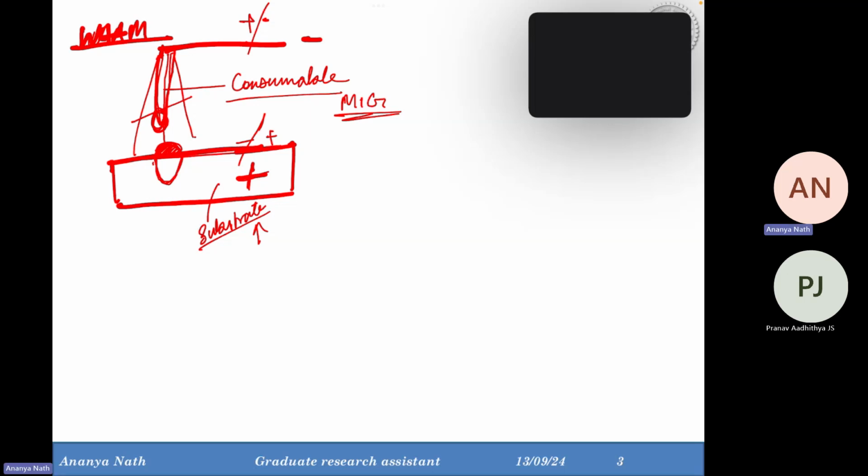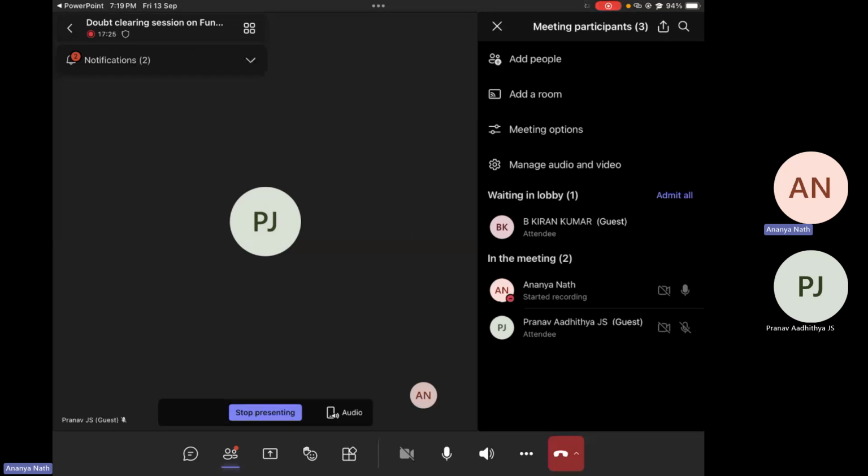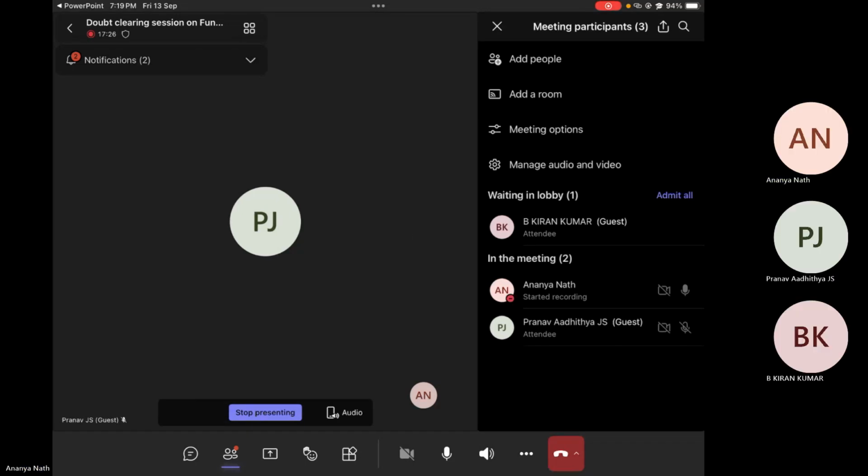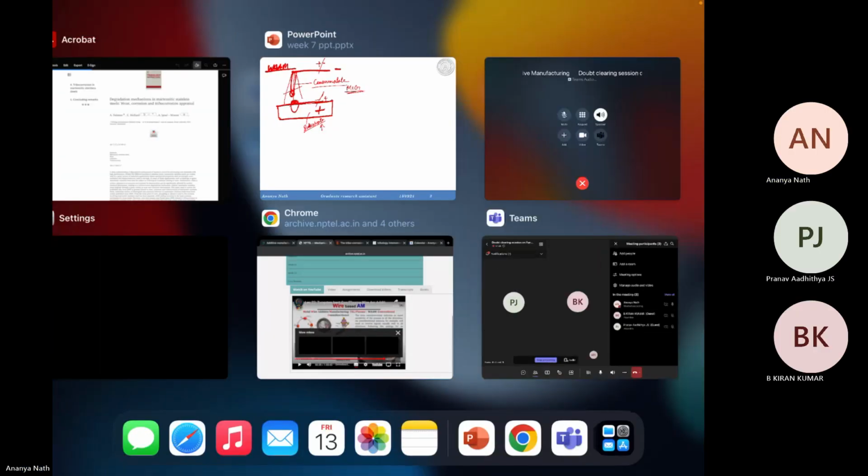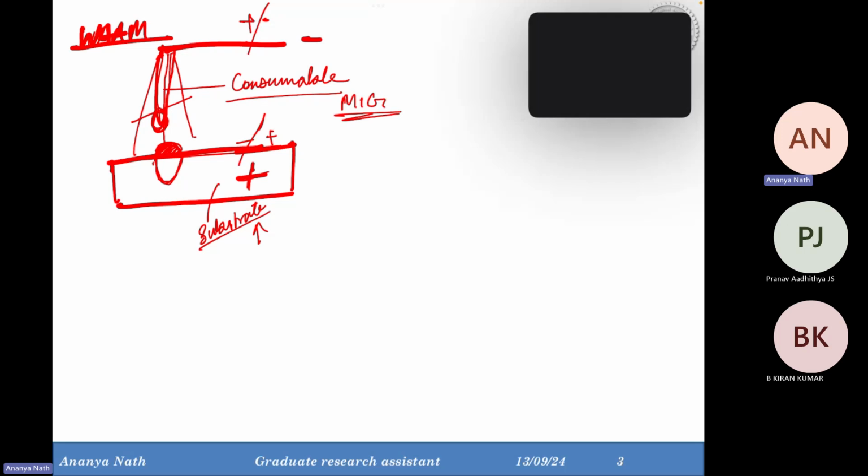In welding, we need a very high penetration inside the substrate. There, nothing is called a substrate. That is a welding process. So there is no substrate. There are two metals that you want to join.